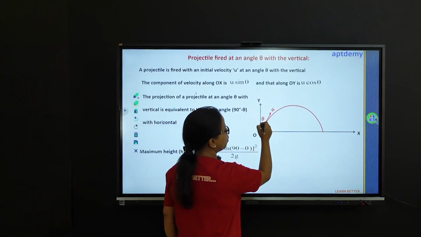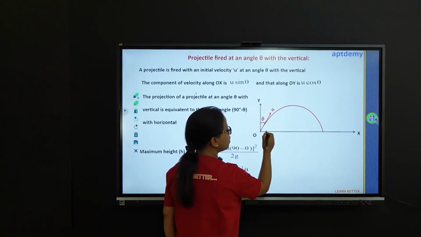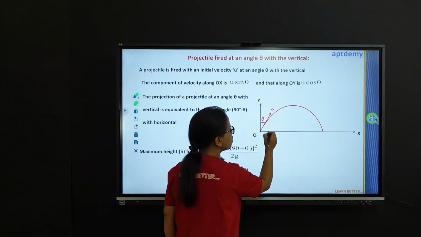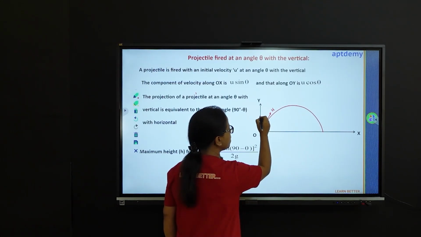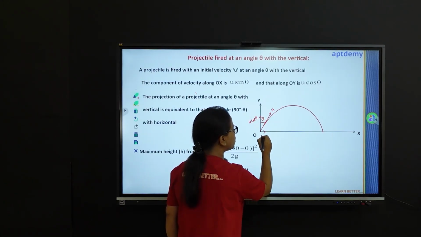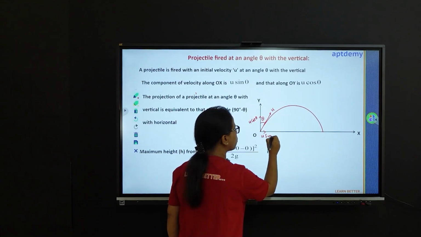If this is theta, the component of u in the vertical direction will be u cos theta now, and this particular component is u sin theta now.